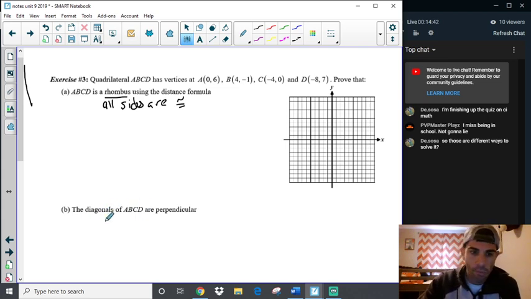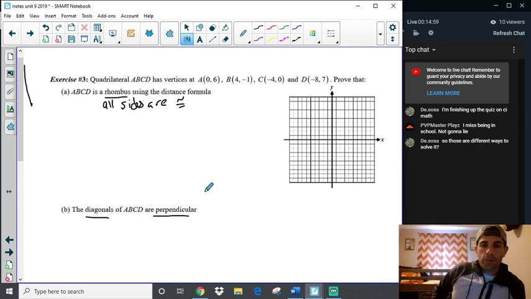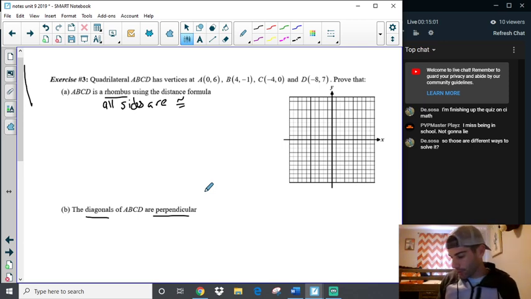A square, okay? So in this one, you're going to make sure to show that your sides are not going to be that. Or, remember, for diagonals that are perpendicular, you can go ahead and find the slopes of your diagonals and make sure that they are also negative reciprocals, okay?